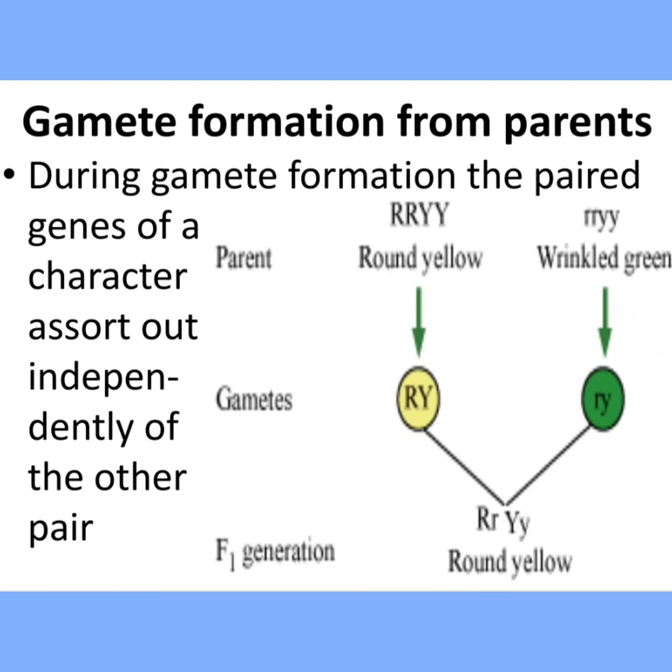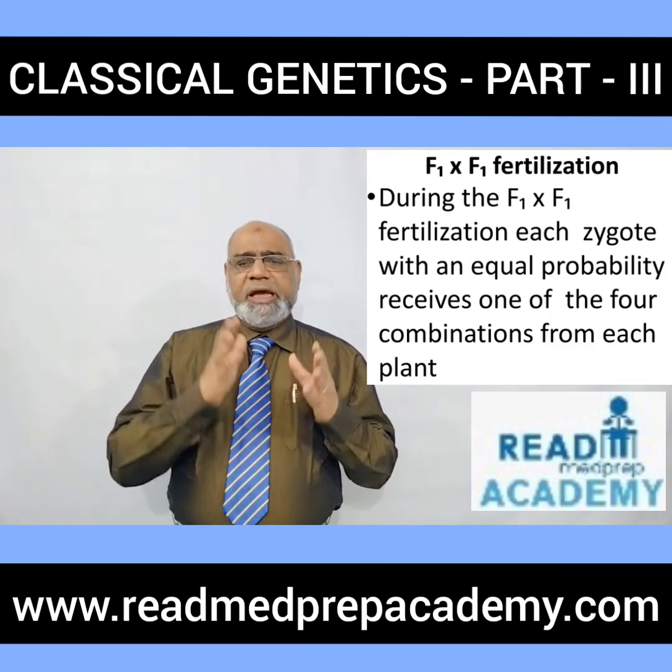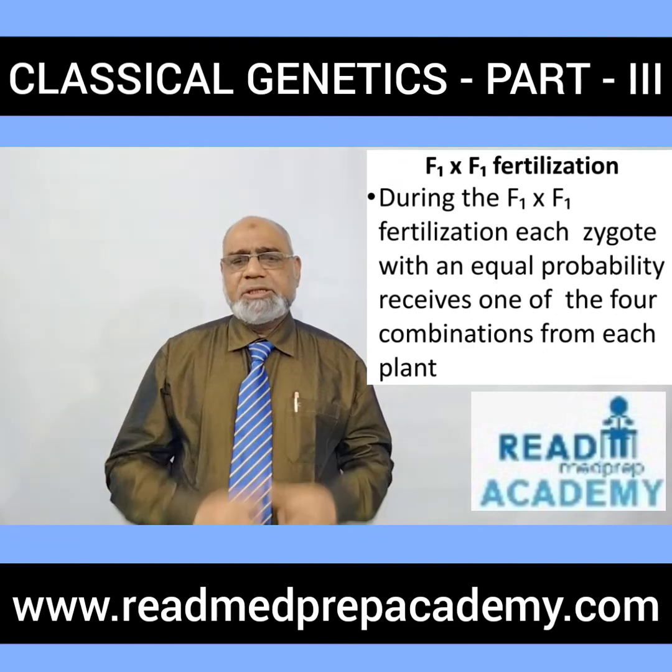In the F1 generation, all the plants will have round seeds with yellow cotyledon, the genotype being capital R, small r, capital Y, small y. During F1 with F1 fertilization, each zygote with an equal probability receives one of the 4 combinations from each plant.